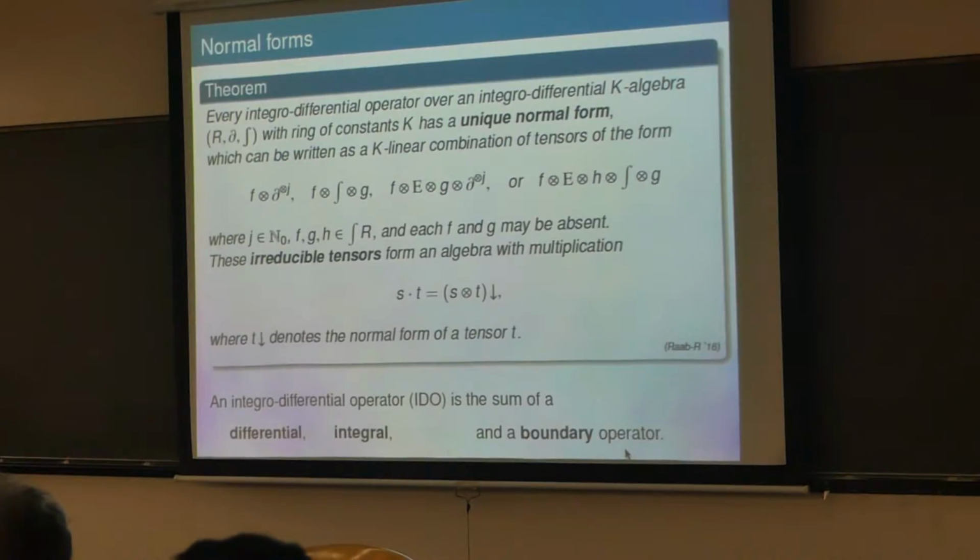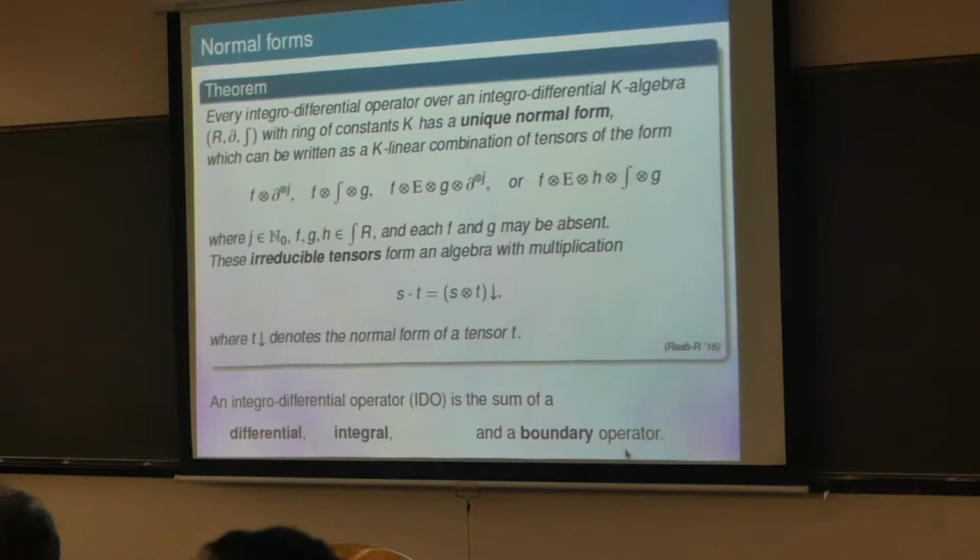An integral differential operator is the sum of a differential operator, an integral operator, and a boundary operator. And what we said before, we would like to understand all linear relations between these operators.